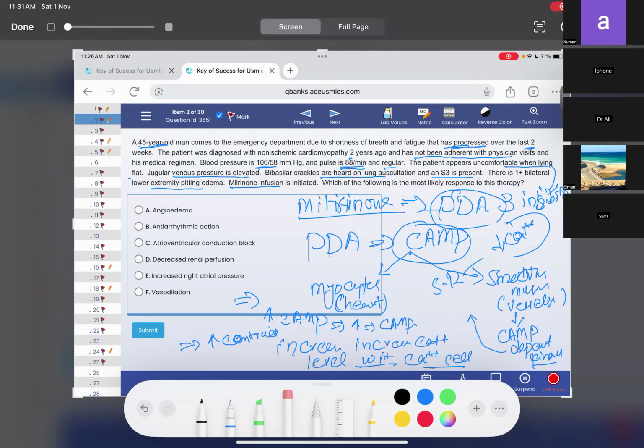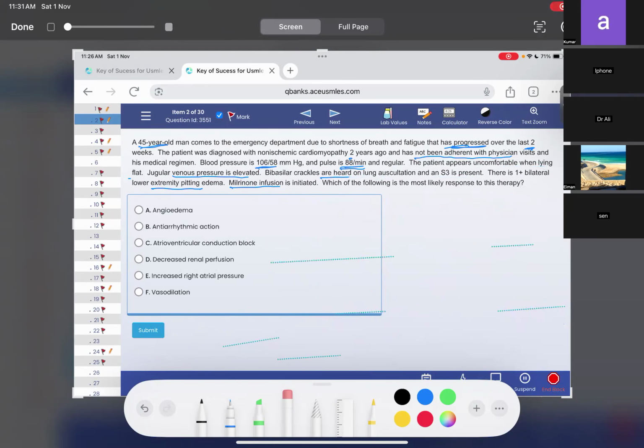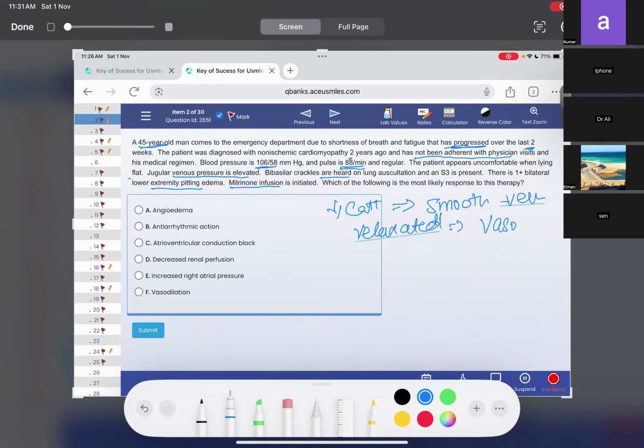Due to this increased uptake of calcium by the sarcoplasmic reticulum, the calcium level will become decreased in smooth muscle, and we know that calcium is responsible for contractility. So smooth muscle will become relaxed, and due to this relaxation, vasodilation takes place.